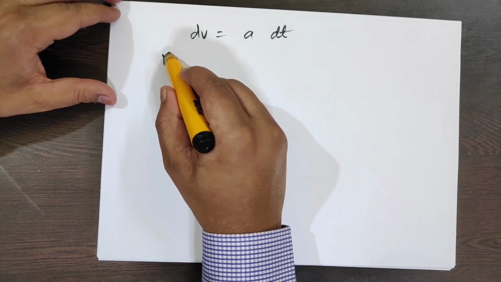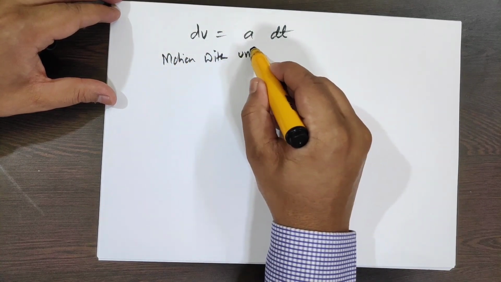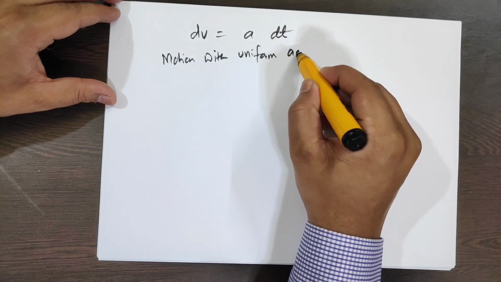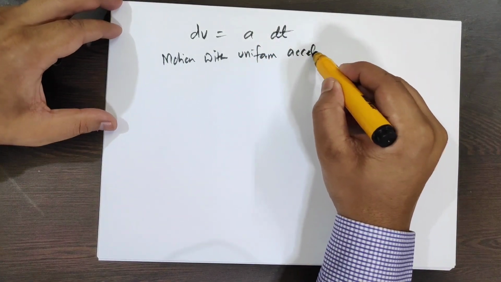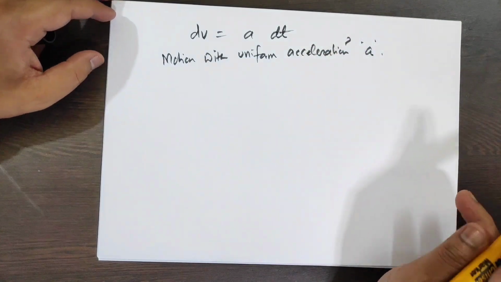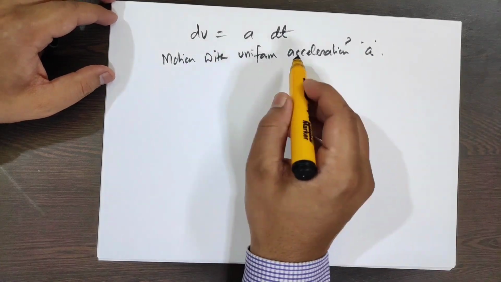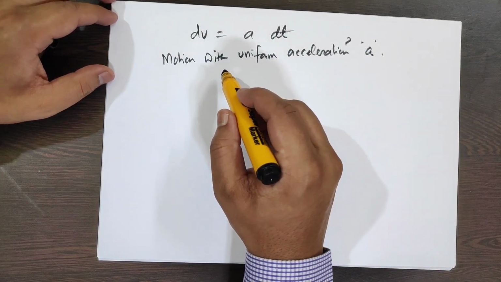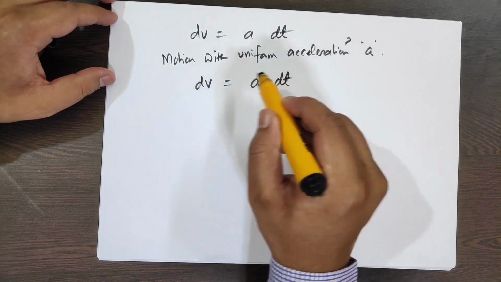Suppose motion with uniform acceleration a. For that case, dv equals a times dt.